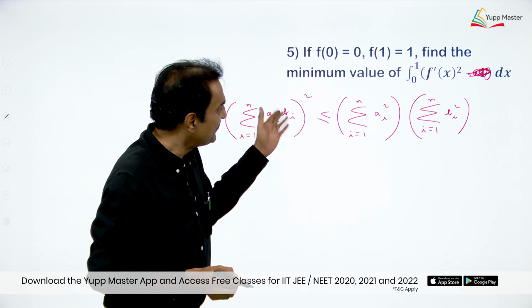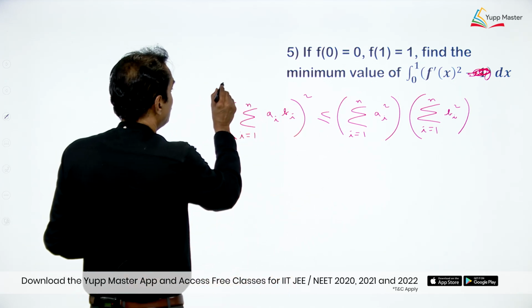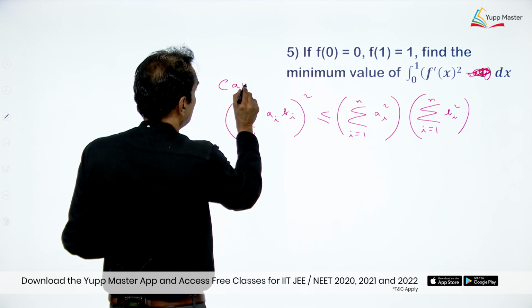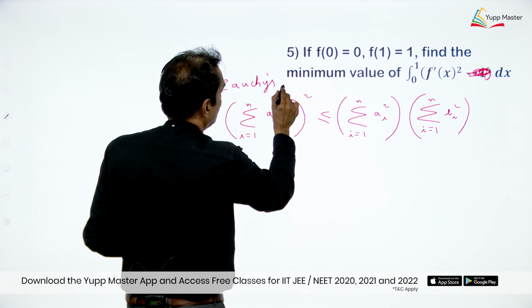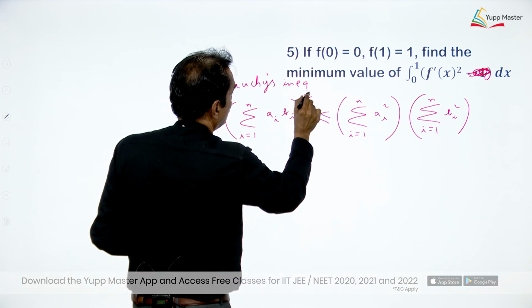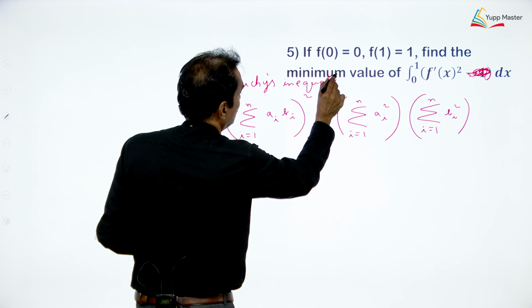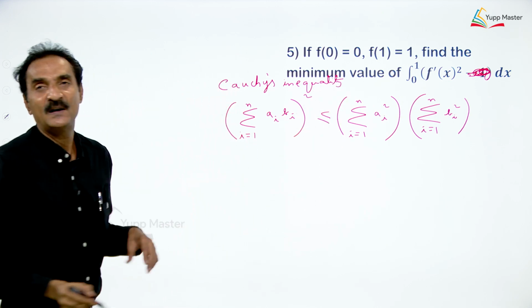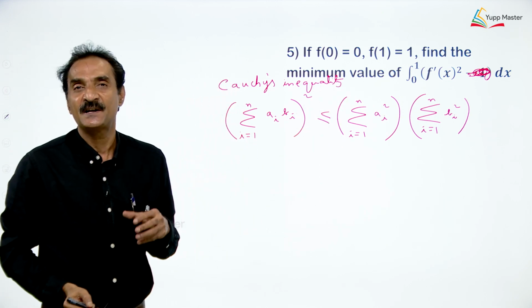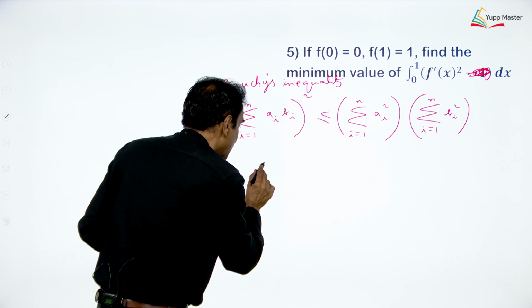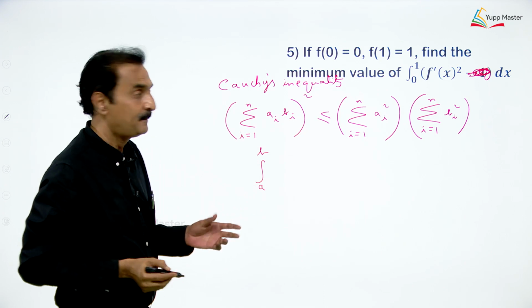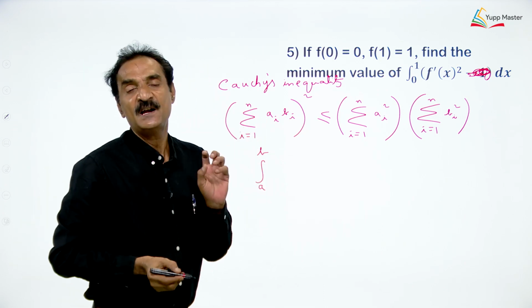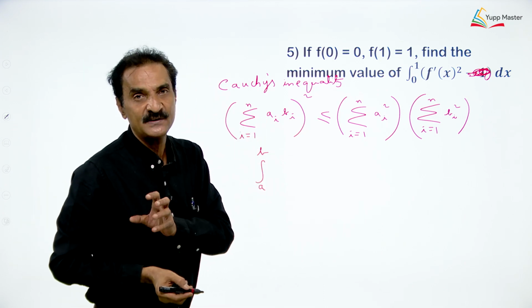So, the same inequality can be written in definite integration as integral a to b, in place of ai and bi, I will take two functions f of x and g of x.